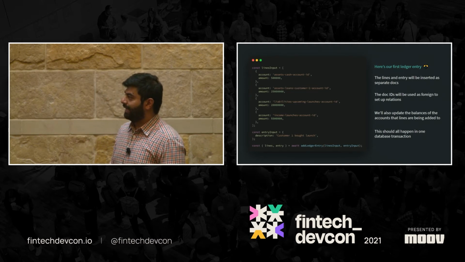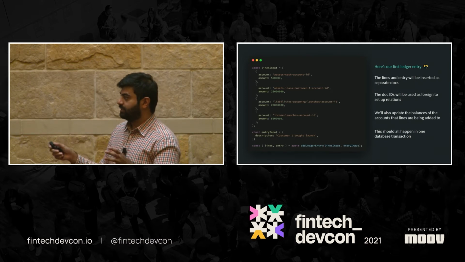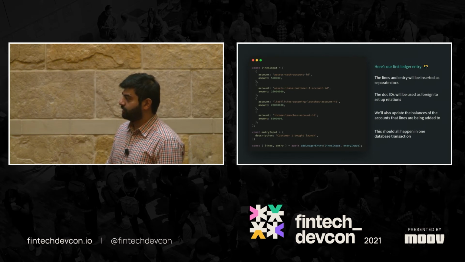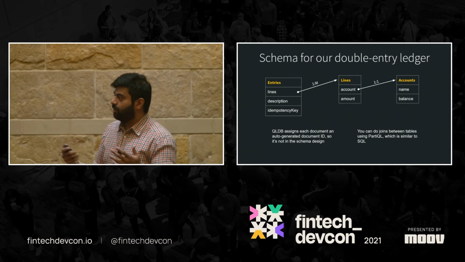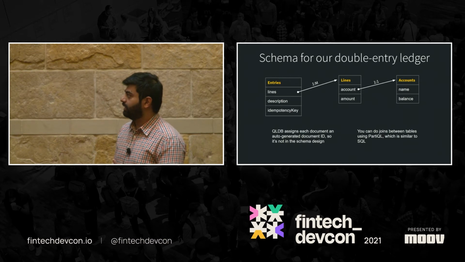And we say we want to add in these 4 lines to these 4 accounts with these amounts, and all of these lines are under this entry which has this description. And so this is just input data, and then we'll go and look at how we implement a function that can take this input data and create all of these entries, update the balance, make sure it's idempotent, and basically work the way that we think it should.